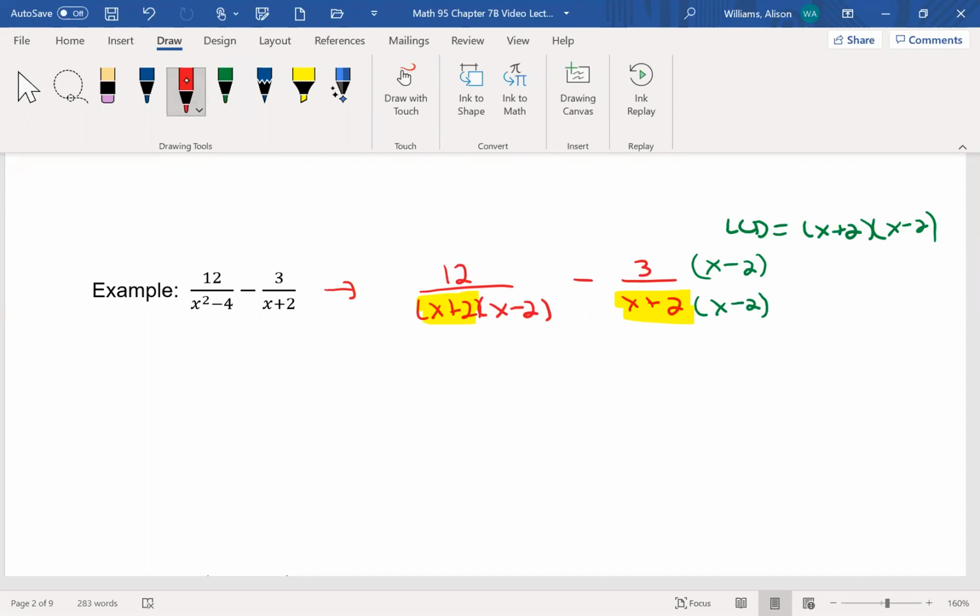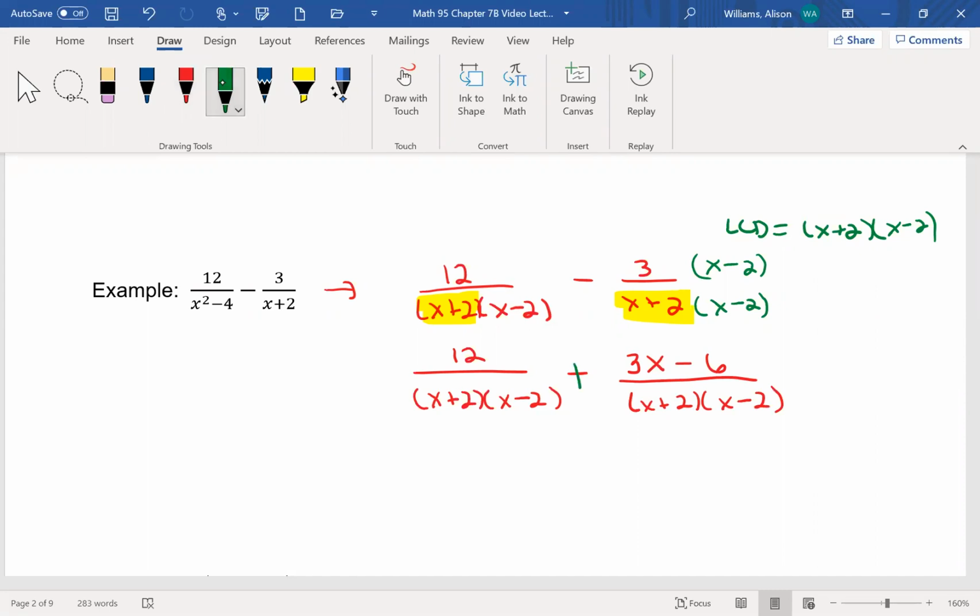Okay, so first fraction, I'm just going to rewrite. Nothing to do there. Second fraction, I'm going to distribute that 3, which is going to be 3x minus 6 over x plus 2, x minus 2. And now I'm going to go ahead and distribute that minus sign.